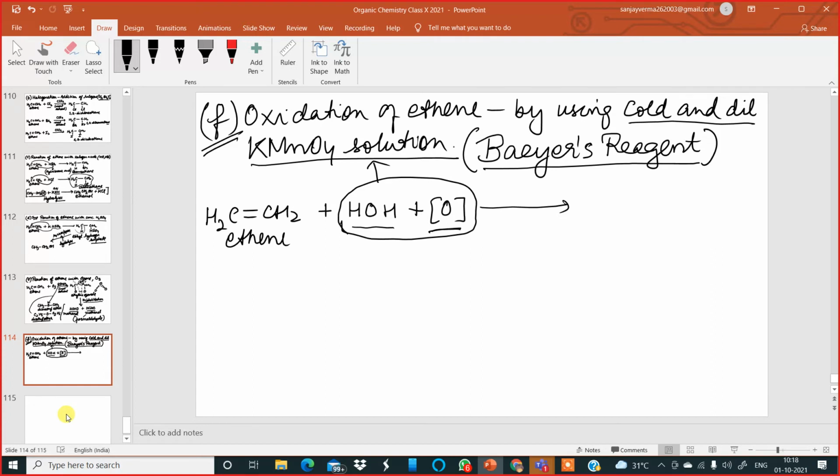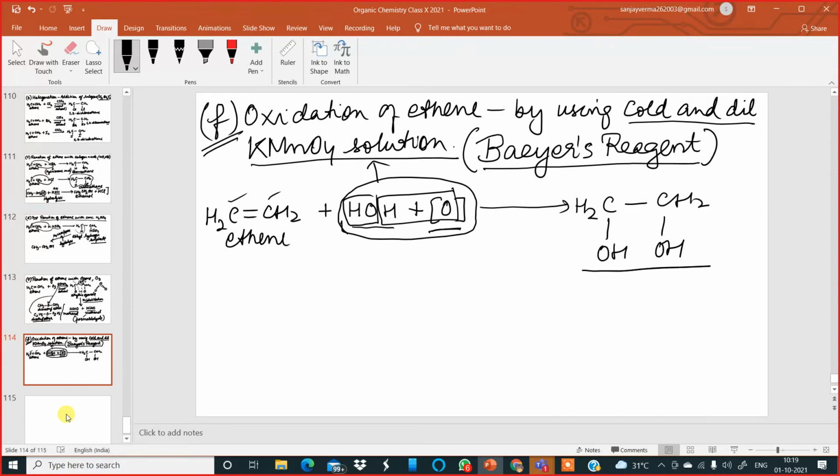So this is going to combine after breaking the double bond into a single bond and going to form what? One OH is over here, another OH is over here. So these two OHs are going to combine to each of the carbon atoms in the ethene molecule by breaking the double bond. So it forms like this: H2C, single bond, CH2, and then there is an OH over here, there is an OH over here, the hydroxy group on both of the carbon atoms.